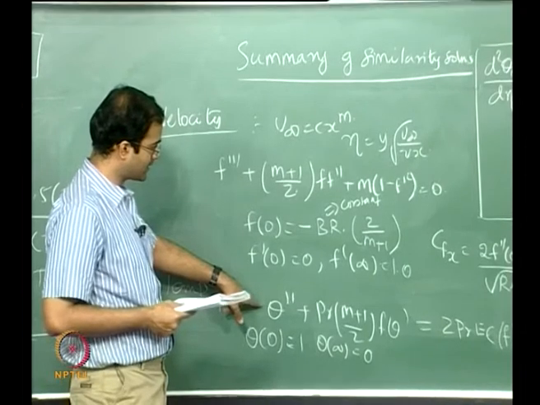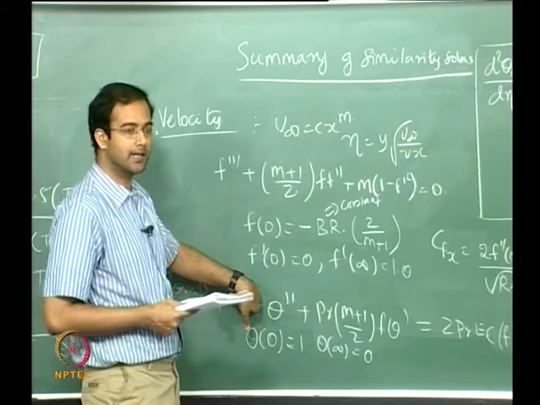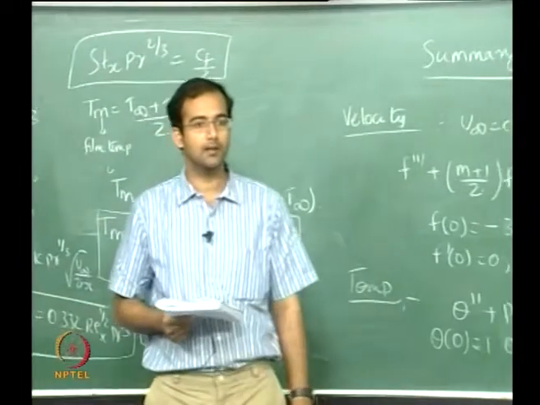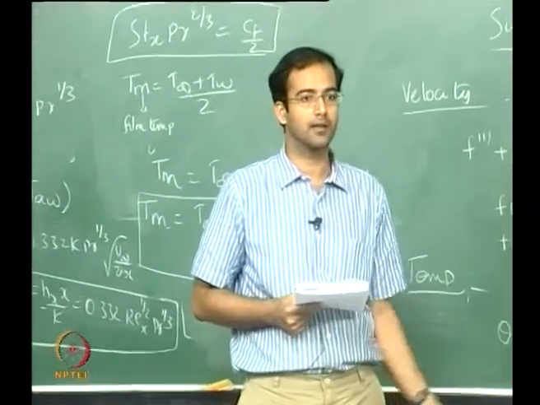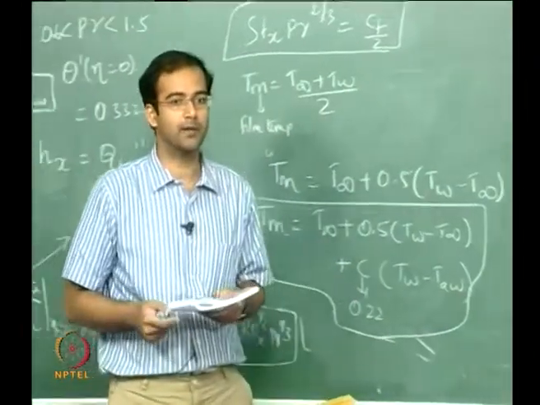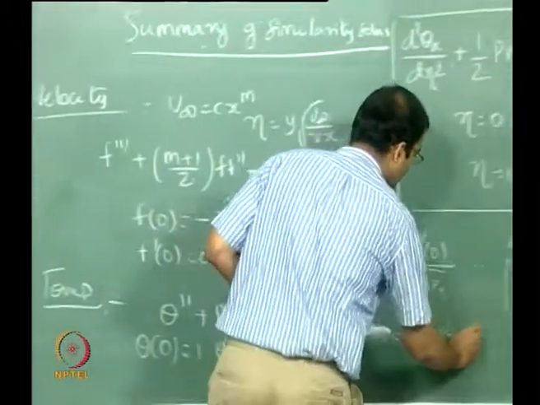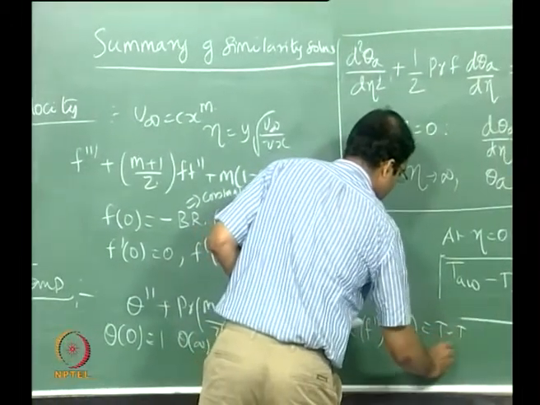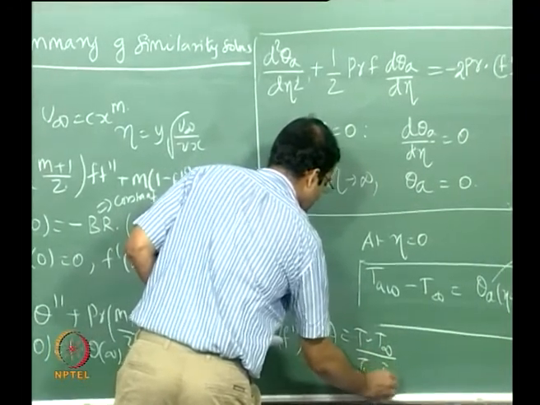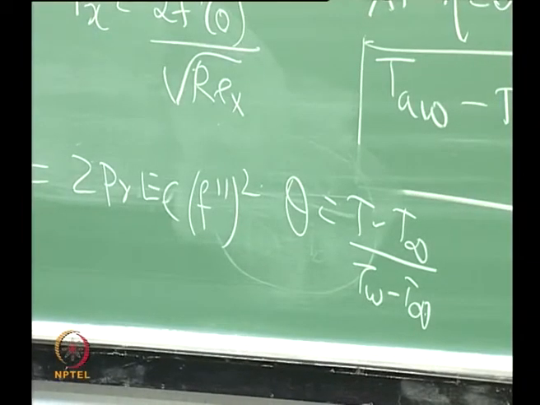T minus T infinity by T wall minus T infinity, that is how I think I defined it. So in that case the boundary conditions flip. Theta at the wall now will become equal to 1, and theta in the free stream will become 0. If I define it as T minus T wall by T infinity minus T wall, it will be 0 and 1. So here my definition of theta is T minus T infinity by T wall minus T infinity. Only then can I write in terms of the Eckert number here, that is why I did it like this.